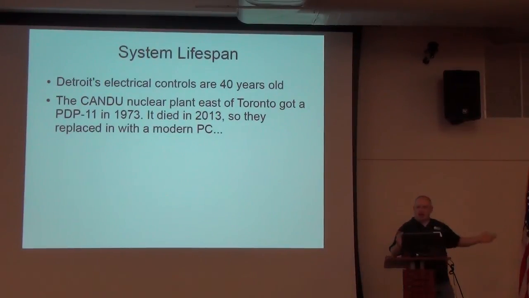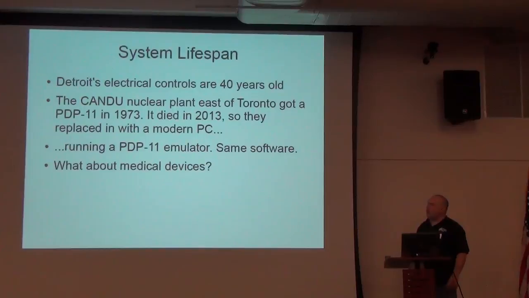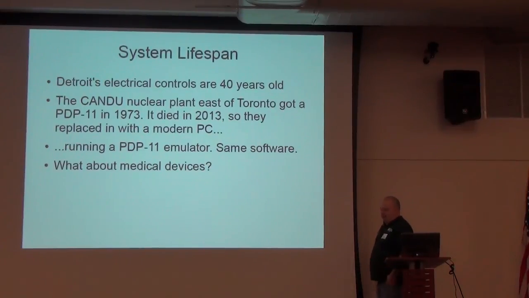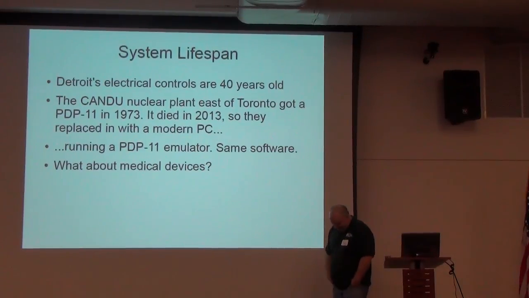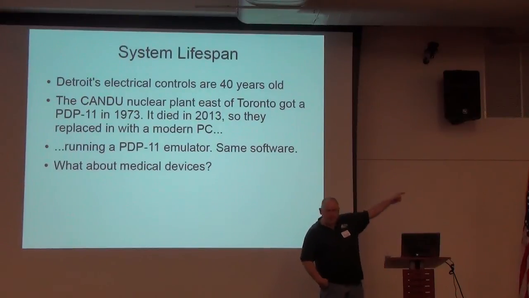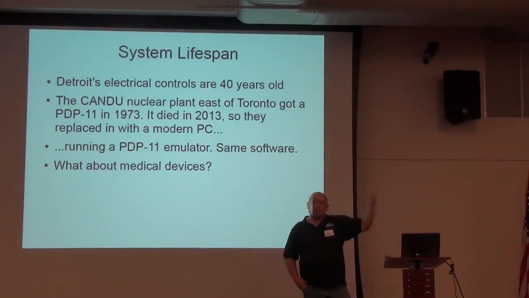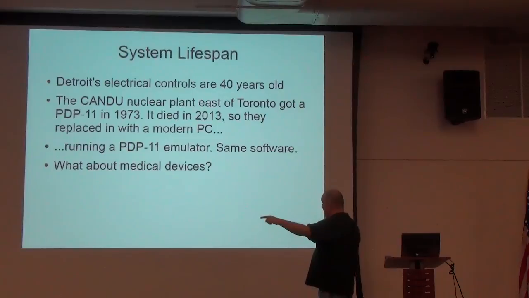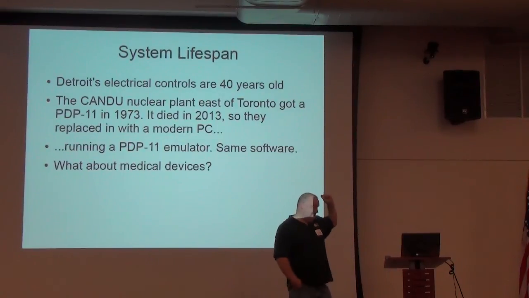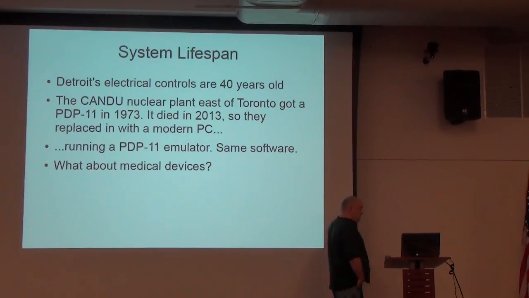It finally died. They replaced it with a modern PC running a PDP-11 emulator. This is what, 200 miles from here? Fortunately the wind usually blows that way. But we have nuclear reactors west of here.